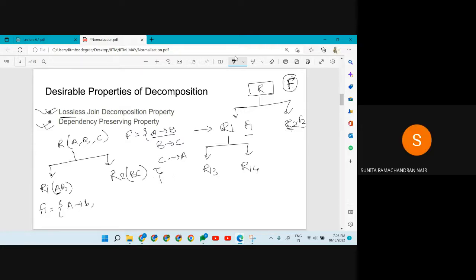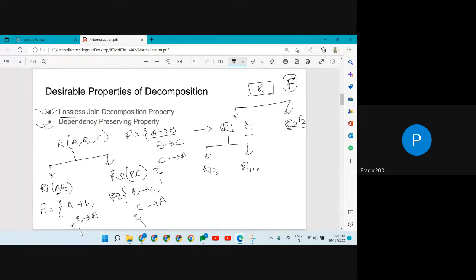We always derive F1 from the main functional dependency set. Let me complete this one: A to B here, and for R2, B to C and C to B. Sorry, that is C to B. This is your F2.